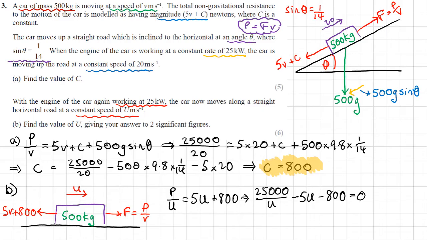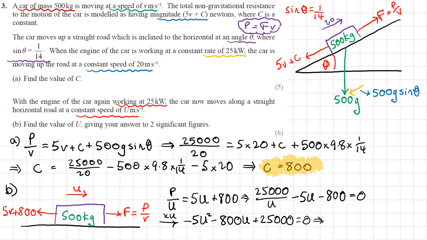If we times everything by u, we're going to get a quadratic, which we can solve using our calculator. That gives minus 5u squared, if I put everything in order, minus 800u plus 25,000, or I can flip all the signs around, is equal to 0.